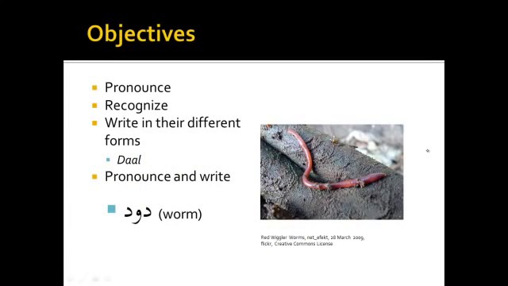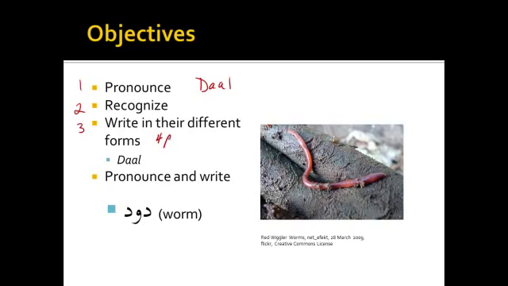Again, we have 4 objectives in this lesson. The first objective is to pronounce the daal correctly, and this is the letter that we're dealing with today, the daal. The second is to recognize the daal in its form when we see it in a word. The third is to write the daal correctly in the 4 different positions that it will be found in.